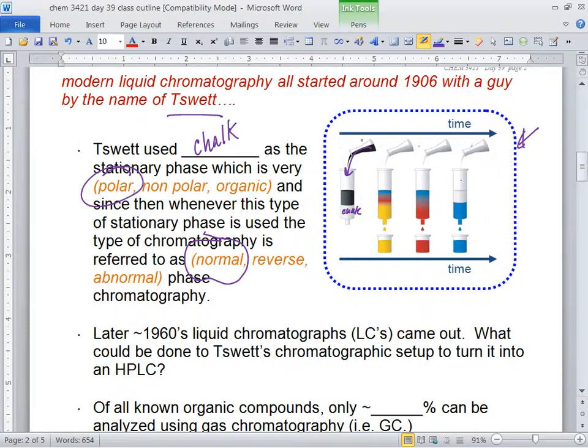Ricardo, what could be done? Since you're the only instrumental guy. You would need a column. Well, he's got the column. Check. Oh, you need a detector. Oh, he's got the detector, his eyeball. Check. His eyeball can see the different colors.